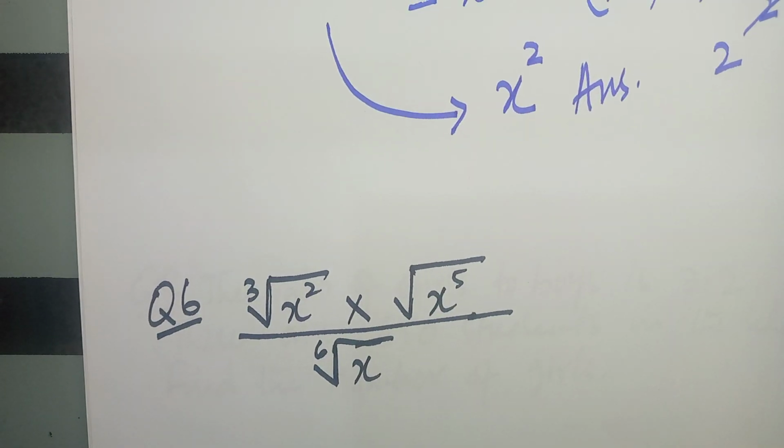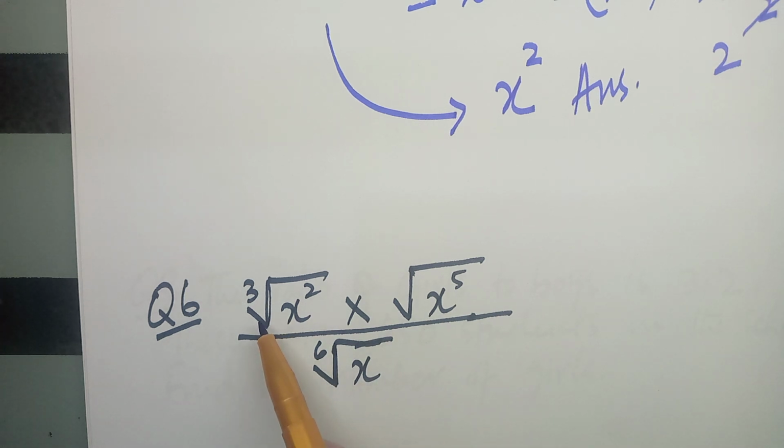My next question is the cube root of x square multiplied by the square root of x to the power 5, divided by the 6th root of x. So first of all, we need to change all of the radical form into the index form.